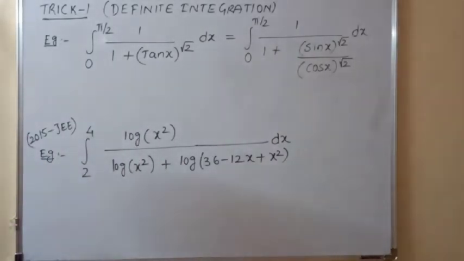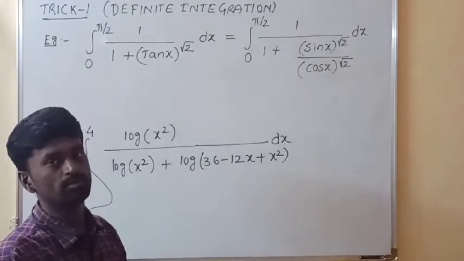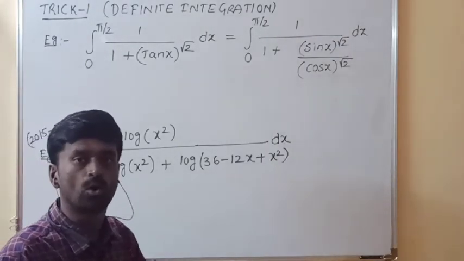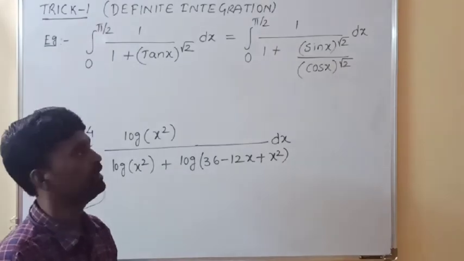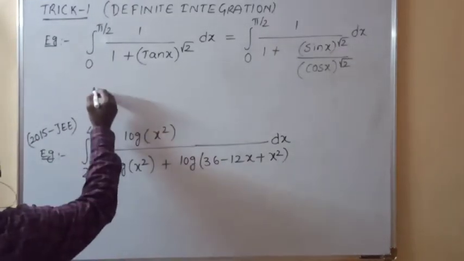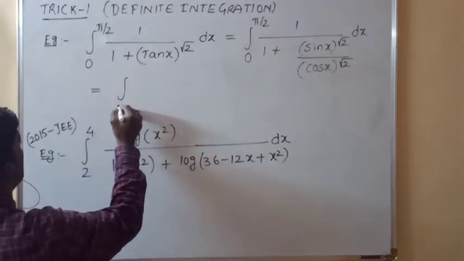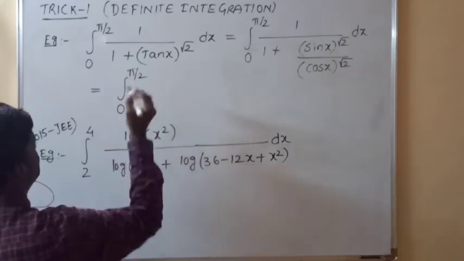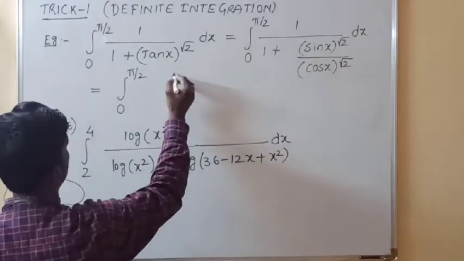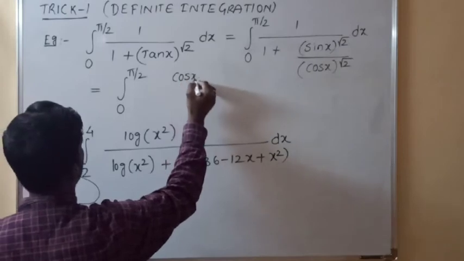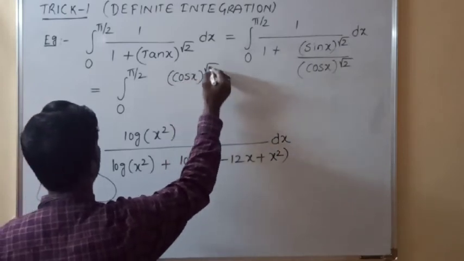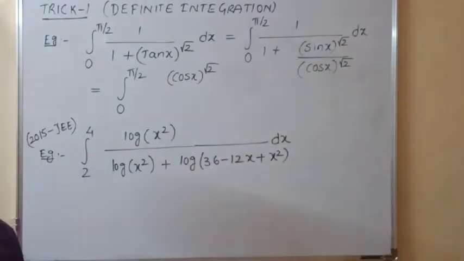Now multiply numerator and denominator by cos x whole power root 2. If you multiply the numerator by cos x whole power root 2, then cos x power root 2 into 1 is cos x power root 2.